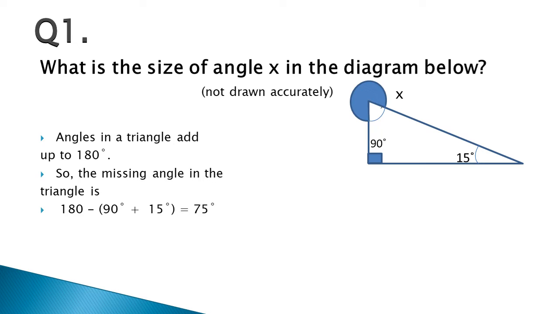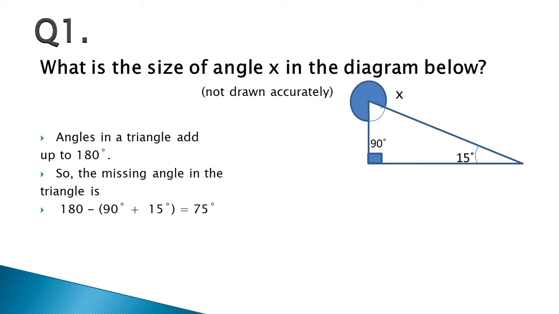Right, now they are asking you to find the size of the angle X in the diagram. If you look at the triangle given, the external circle, it's not a complete circle, it is equal to X. So you also need to know that all the angles in a circle add up to 360. And this circle has been drawn around a point.